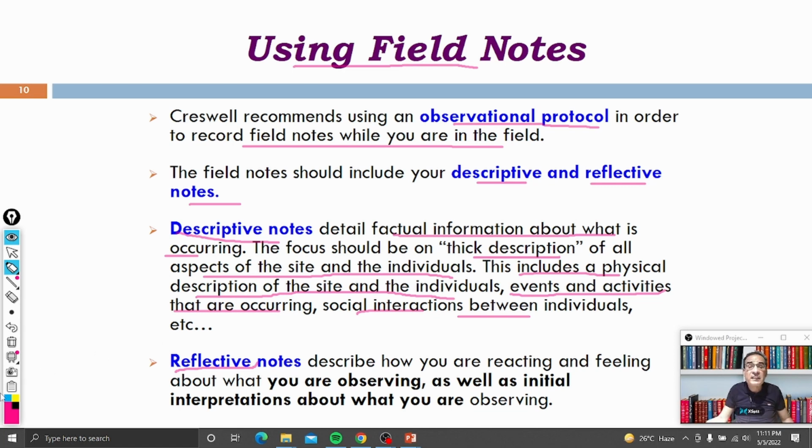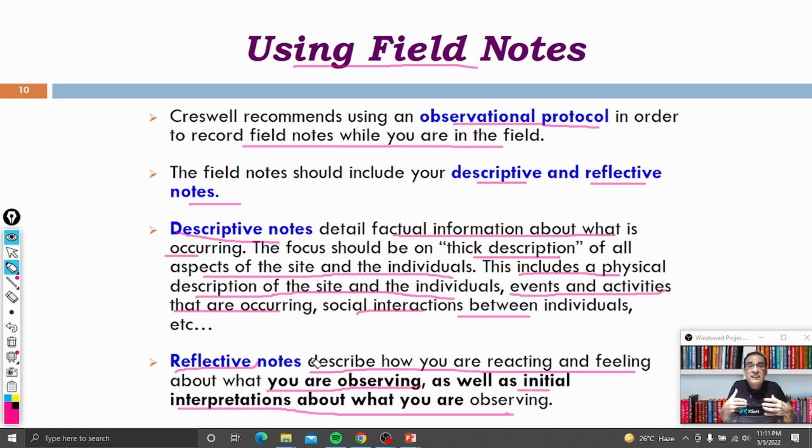Next, reflective notes. Reflective notes describe how you are reacting and feeling about what you are observing, as well as your initial interpretation of what you are observing. So you will take what you observe and write it in your reflective notes.